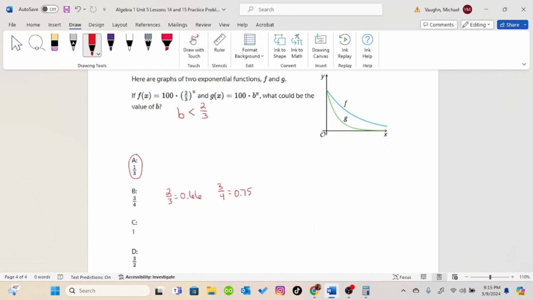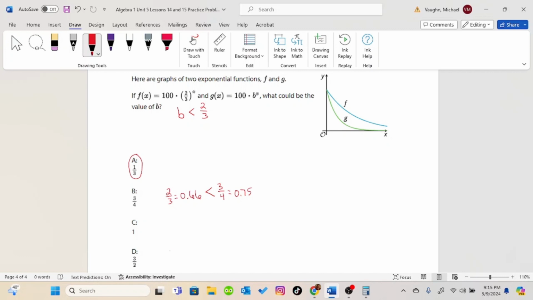So this is actually greater than 2/3. So it's not B. C, 1 is obviously greater than 2/3. So it can't be C.